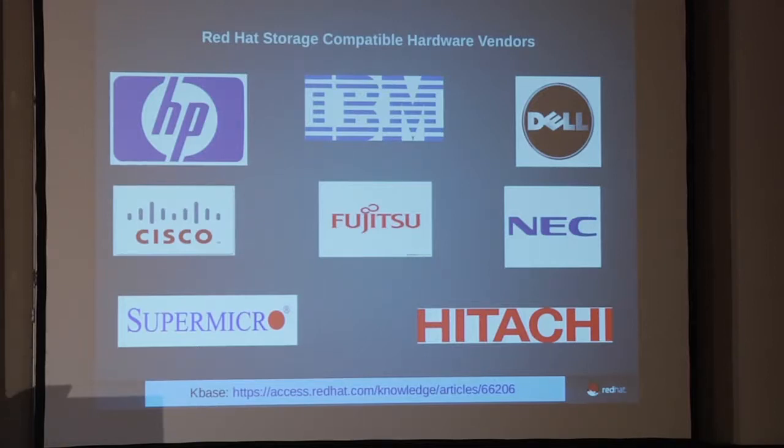And we have a few more requirements on RAID capabilities and data protection, so we have a KBase at the bottom that details what. So you can basically choose whichever vendor. And I'm thinking most of you probably use one of these vendors, and it should not be an issue. We'll keep updating this list over time so that you have a bigger hardware pool to choose from.